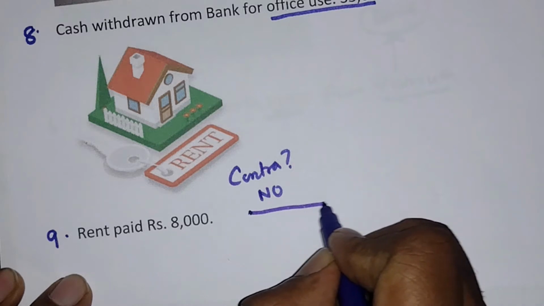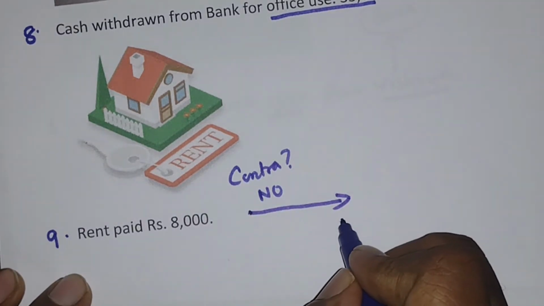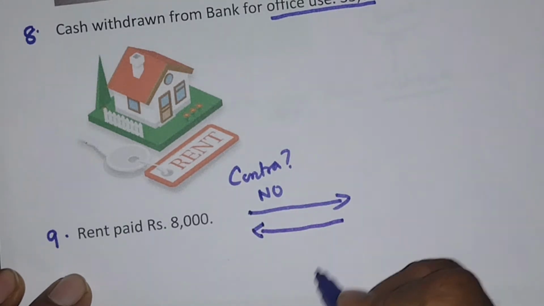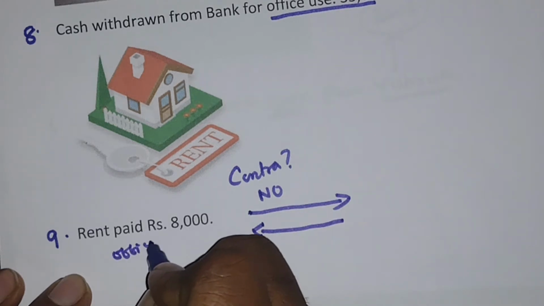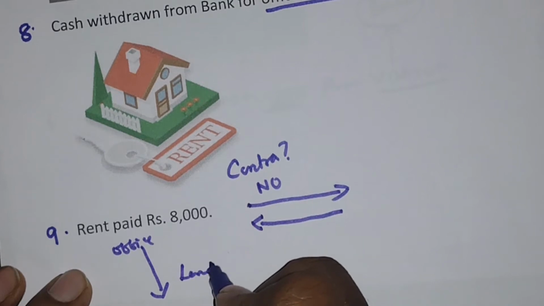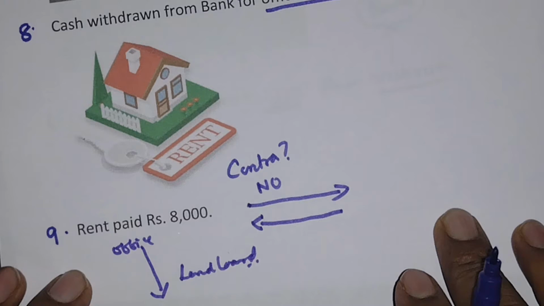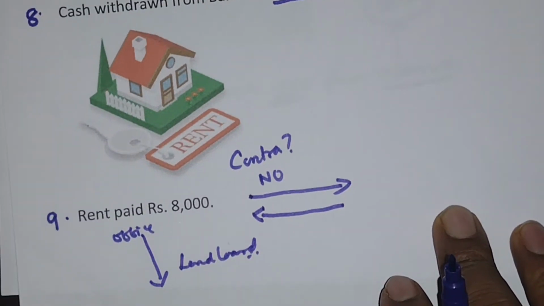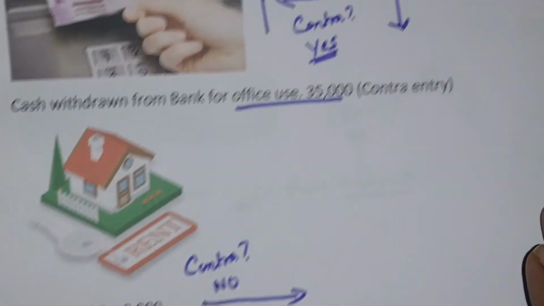Because the cash is not going to the bank from office, or the cash is not coming to the office from bank. From the office the cash will go to the landlord. I hope the various pictures will make you people understand the concept easily.